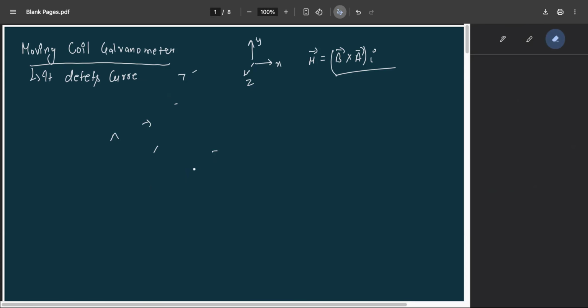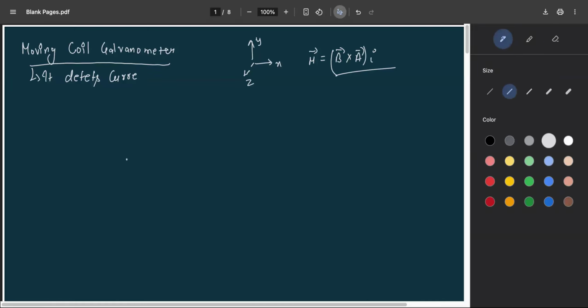Just a second, I'll make it. Here I have a coil, just a copper coil. The magnetic moment is inside of it, and the value I have already written over there.